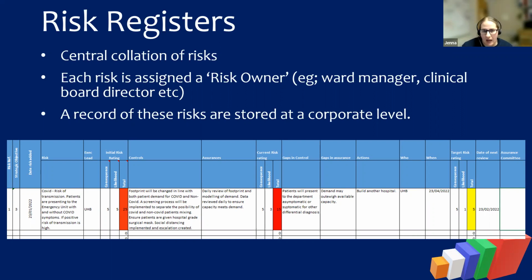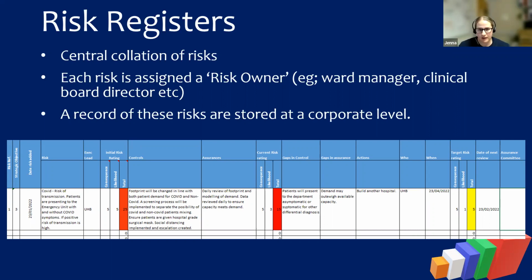In terms of your gaps in control, you've put your controls in place, but there might be a gap. The gap can refer to anything that is absent or ineffective in that risk treatment. So I can still screen those patients and separate the ones with cardinal signs and symptoms from the ones that don't have any.